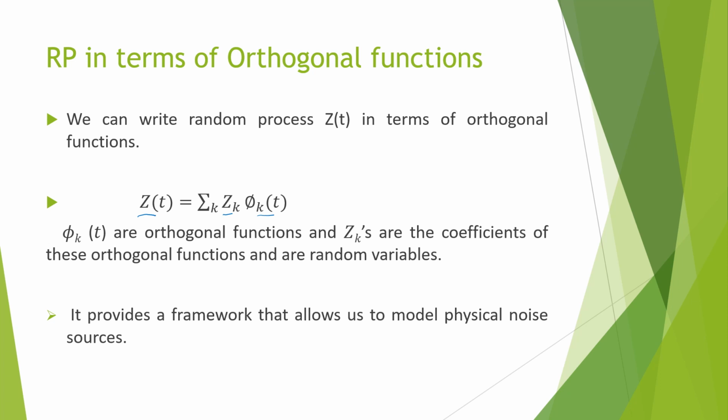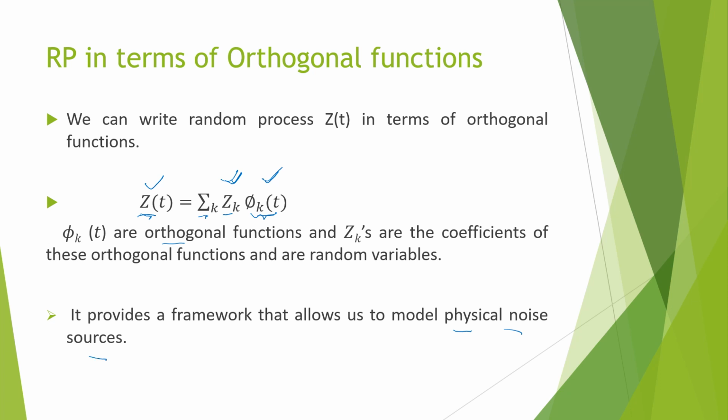So it is given as Z(t) equal to sigma over all values of k, Z_k times phi_k(t), where phi_k(t) represents the orthogonal functions and Z_k represent the coefficients, and they are all random variables. So any random process Z(t) can be represented in terms of random variables and orthogonal functions. This concept gives us a framework to model physical noise sources.